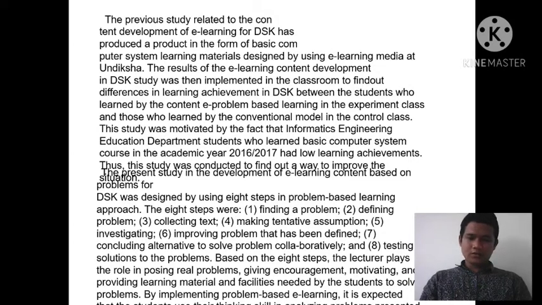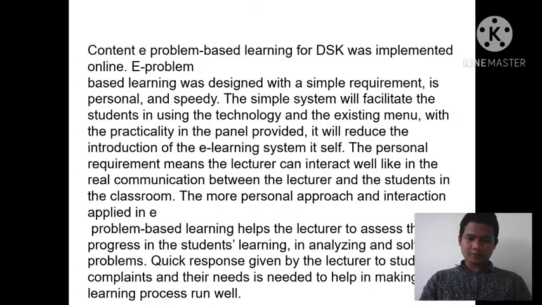The role of the lecturer is posing real problems, giving encouragement, motivating, and providing learning material and facilities needed by the students to solve problems. Problem-based learning content for BSK was implemented online.